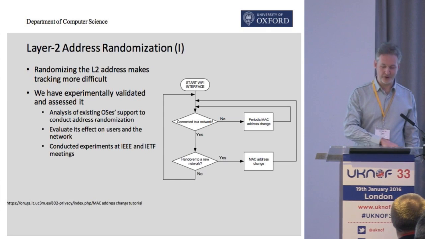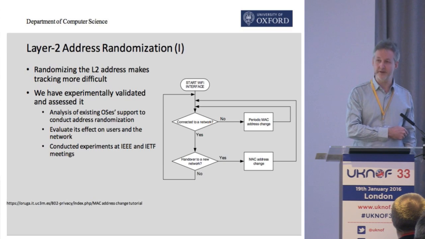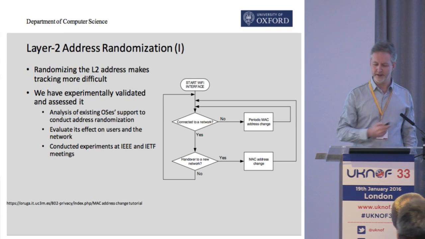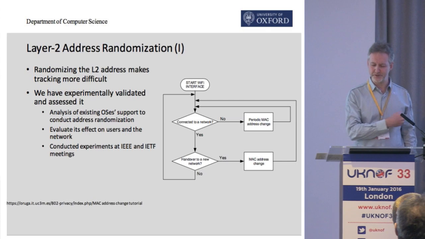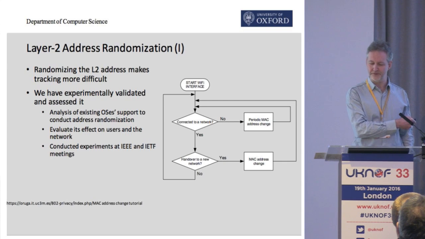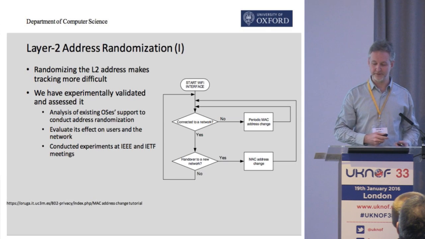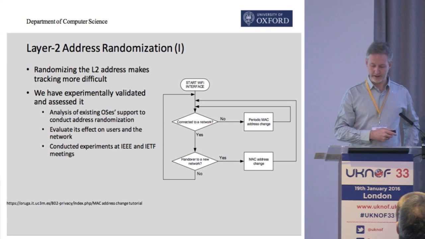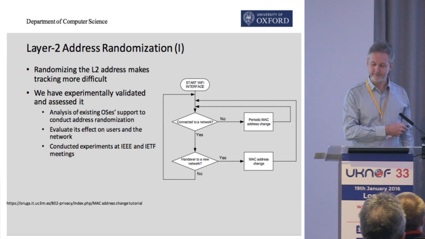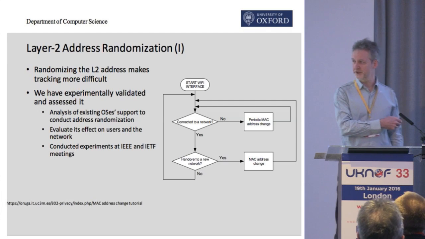So just quickly on these trials that we did at the IETF, we made a fairly simple change. If you're on a new network, you change your MAC address, and if you're not on a network, you periodically change your MAC address.